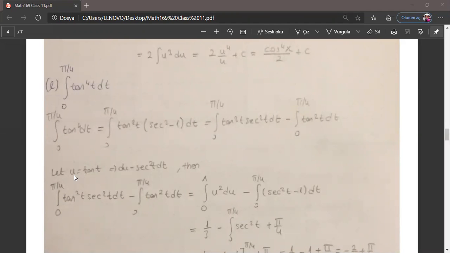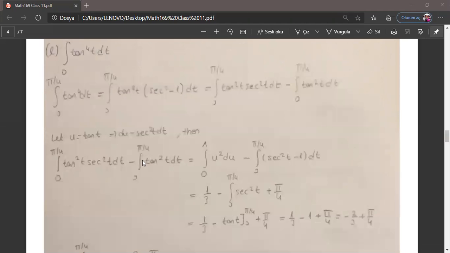If we substitute u equals tangent t, we get this differentiation. And what do we have now? We had before these integrals. Okay, these ones. So tangent squared is u squared, right? And du is equal to this. So we have exactly this integral.